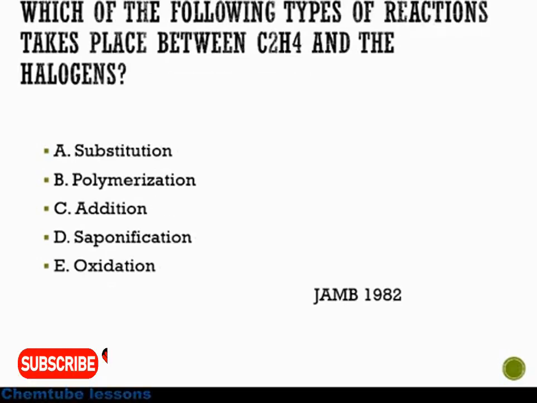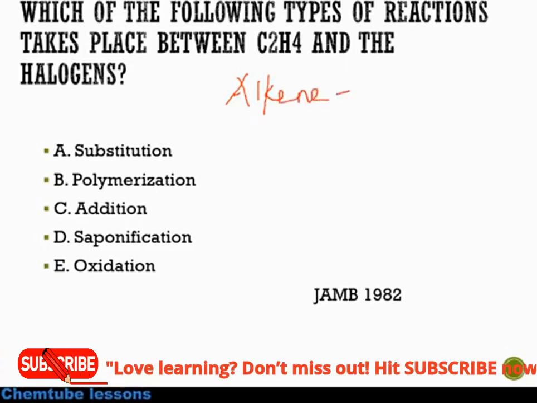Okay, which of the following types of reactions takes place between ethene and halogens? Now, this is ethene, this is an alkene. So take note of this. Alkene plus halogens is an addition reaction.